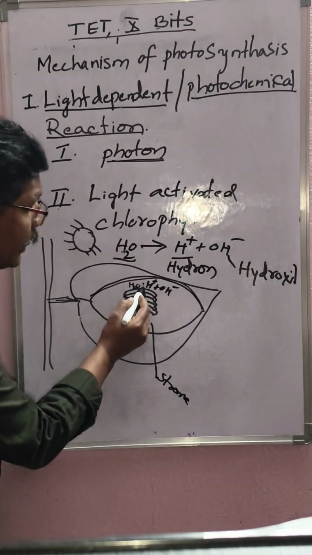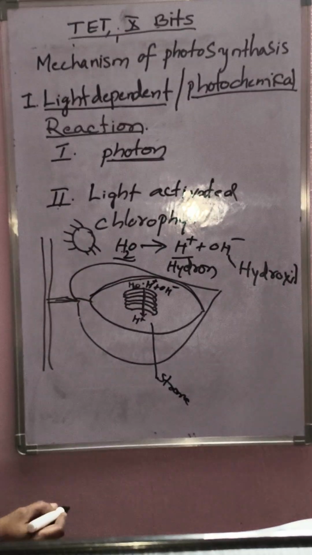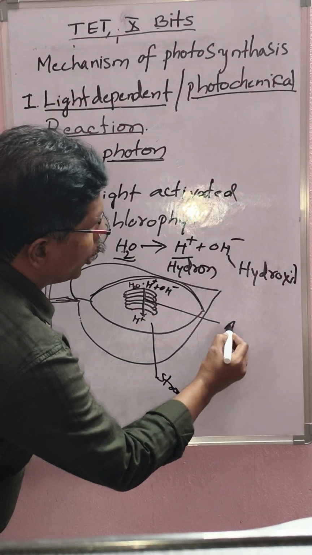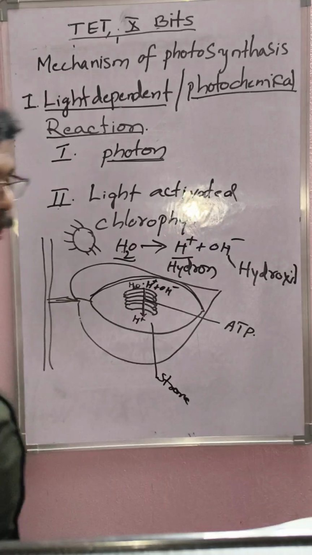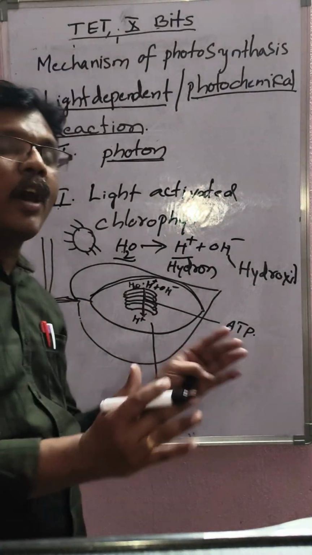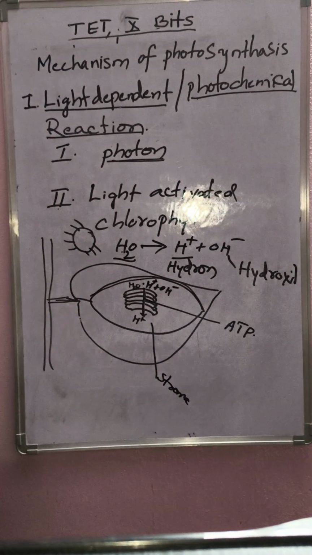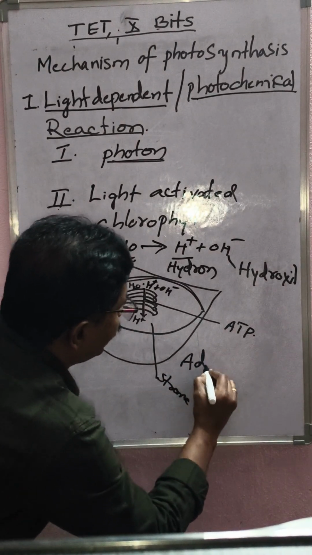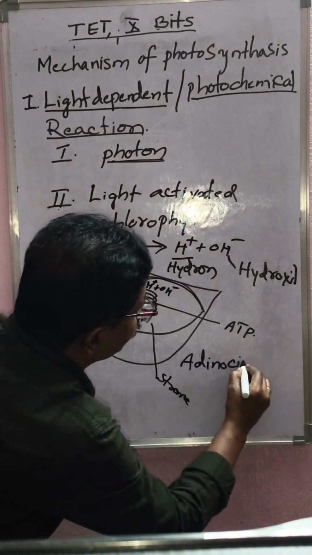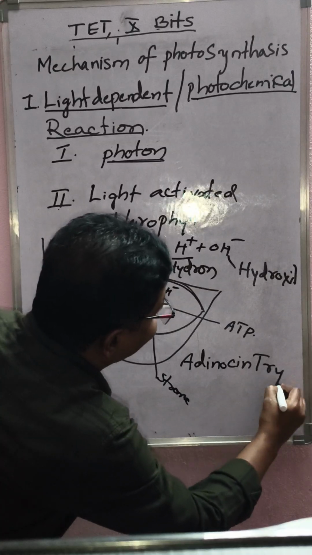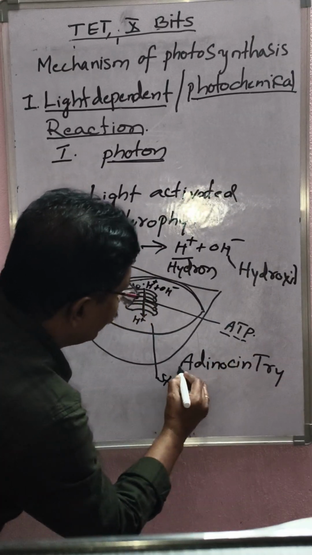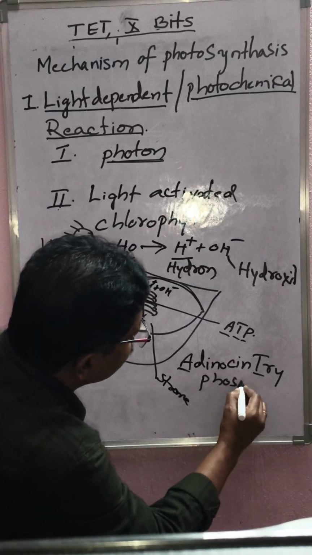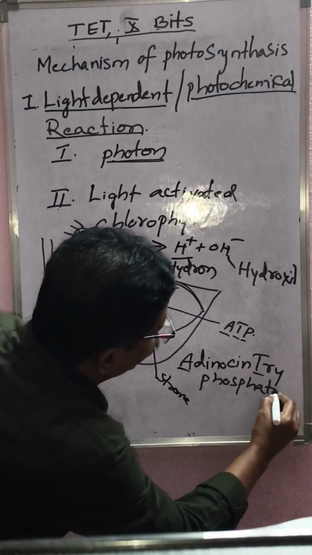In this movement, some amount of energy forms. The energy is called ATP. What is the full form of ATP?